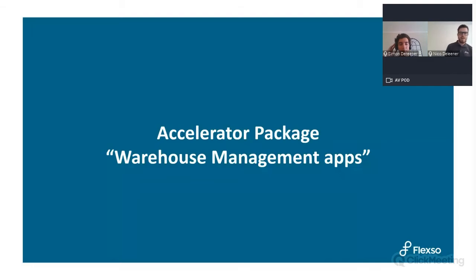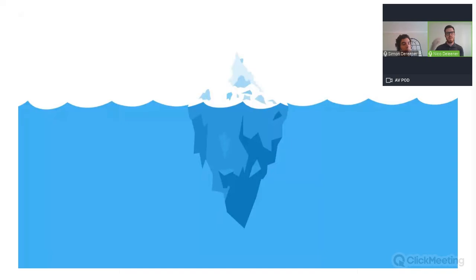Okay, so the accelerator package, what is it then? I want to start off with a concept that we all know. There is a concept of the iceberg, where you have the top of the iceberg, which is very visible to everyone. Let's say that that is the scanning application itself, because everyone is working with the scan device.